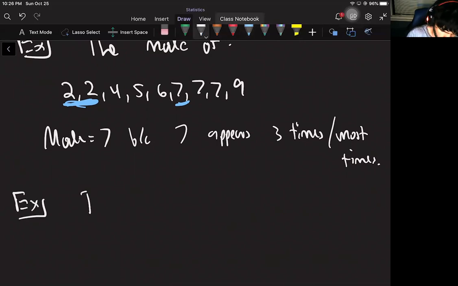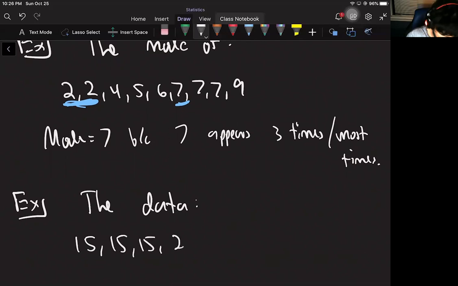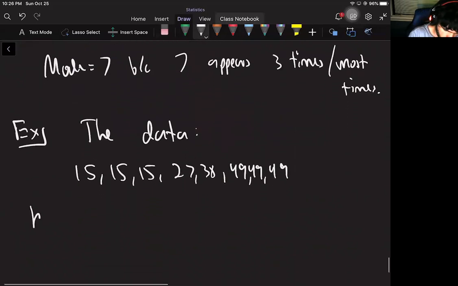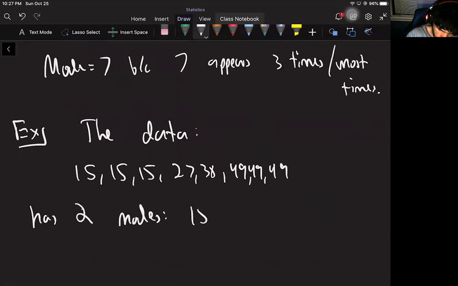So for example, here, the data 15, 15, 15, 27, 28, oh, it's a 38, sorry, 38, and then the next one is a bunch of 49s. So this guy has two modes, 15 and 49, because they both appear the most, 3 times.